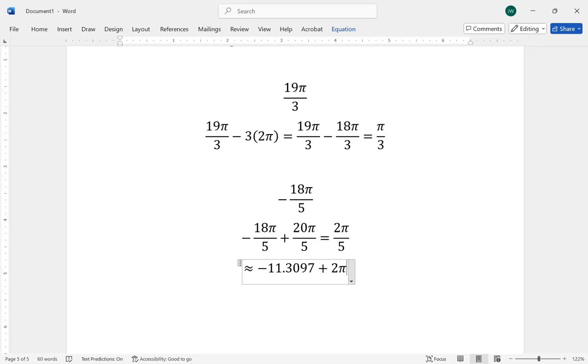Right now, it gives me negative 5.02. That's still negative. So then I'm going to add another copy of 2 pi. And all of a sudden, that becomes about 1.2566, which is between 0 and 2 pi, or between 0 and about 6.28. So you could get the approximate value by just plugging things into your calculator.